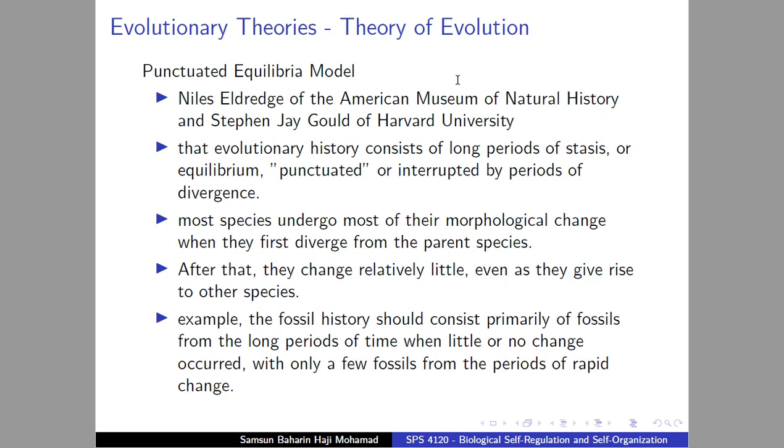Most species undergo most of their morphological change when they first diverge from the parent species. After that, they change relatively little even as they give rise to other species. For example, the fossil history should consist primarily of fossils from the long period of time when little or no change occurred, with only a few fossils from the period of rapid change.